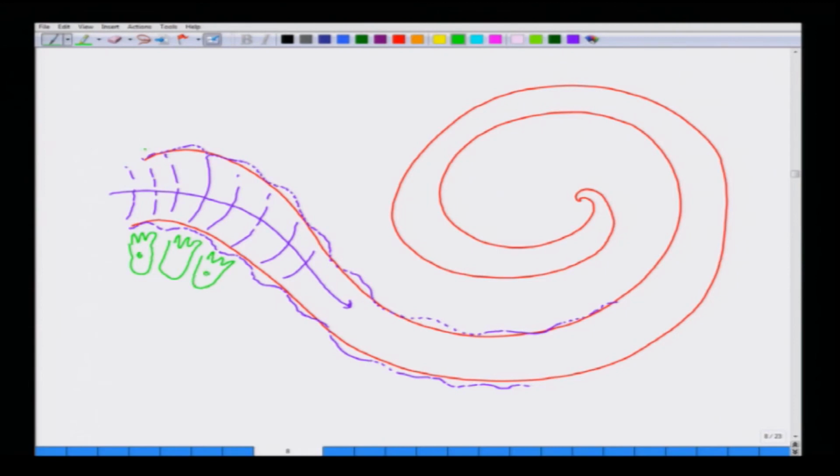On both sides, you have to realize that this is a three-dimensional structure. I am just drawing in two dimensions. And these are all connected with nerve endings like this.